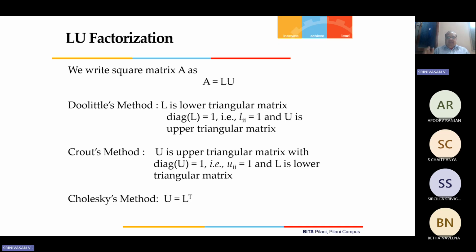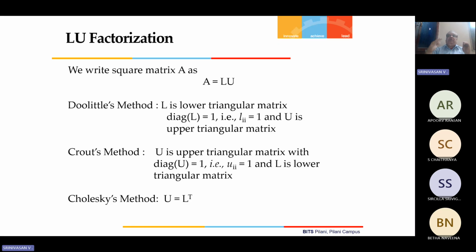Supposing you have a 3 by 3 matrix A, then what is your L? L is a lower triangular matrix. What is a lower triangular matrix? You have zeros above the principal diagonal, isn't it? You have non-zero entries below. Of course, there may be 1 or 2 zeros, but primarily you have only non-zero elements.